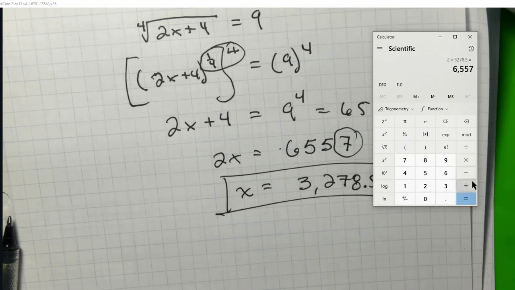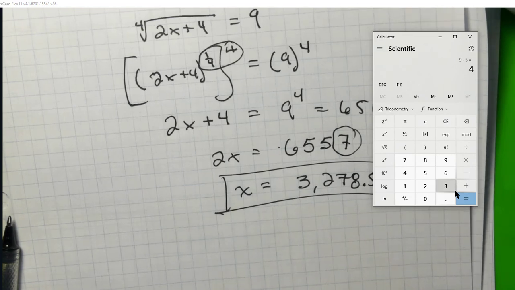Now I'm going to add 4 plus 4. Okay. To the 1/4 power minus 5. Boom! Shakalaka! The check works.